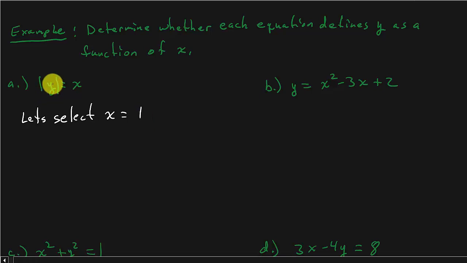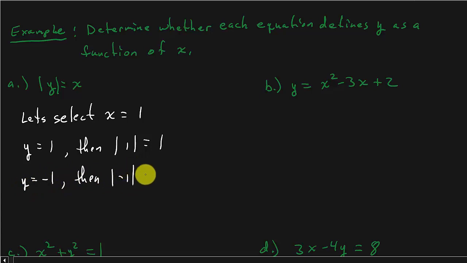So what all can I plug in for y so that I get 1 as an answer? Well, if y is equal to 1, then we know the absolute value of 1 is 1. And if y equals -1, then the absolute value of -1 is 1.